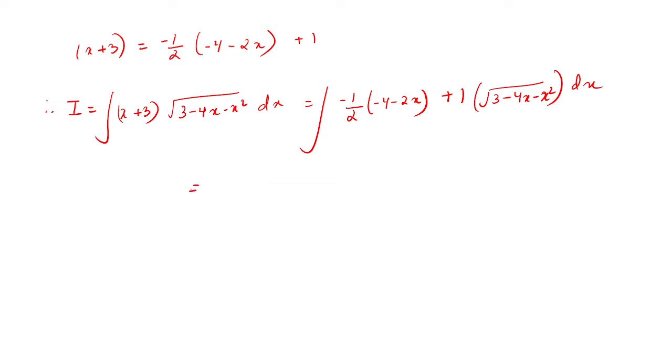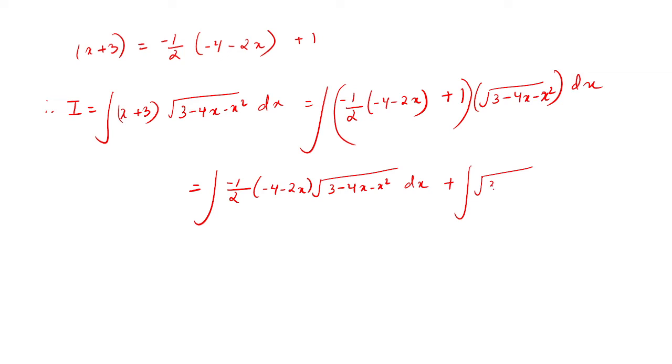So you just multiply them. You can put this under bracket as well, okay. So you multiply minus half of minus 4 minus 2x with this, so you'll be getting this as minus half of the integration of minus 4 minus 2x over the square root of 3 minus 4x minus x squared dx, okay, plus integration of 1 over the square root of 3 minus 4x minus x squared dx. I hope you're clear with this, okay.